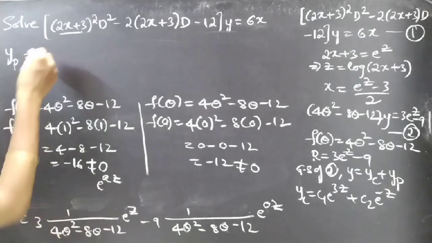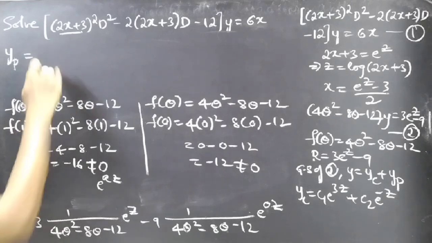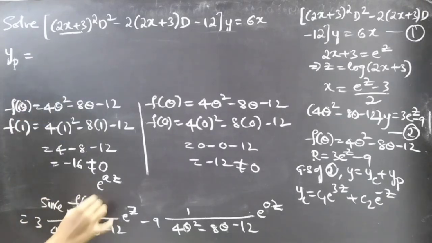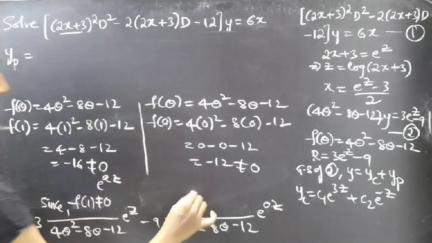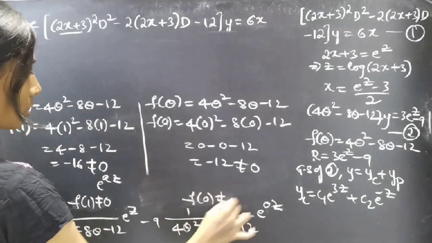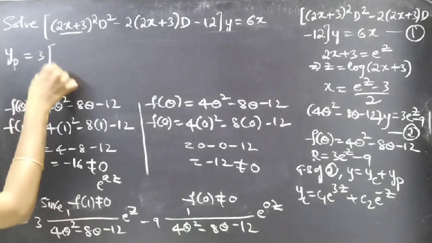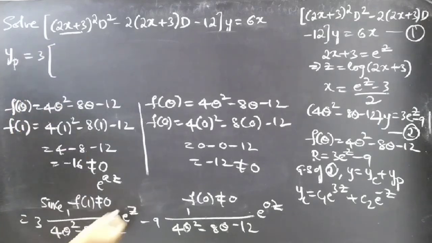Okay, then this becomes 3 into, since f of 1 is non-zero and f of 0 is non-zero. So this becomes 3 into, we'll just replace theta by 1 here.